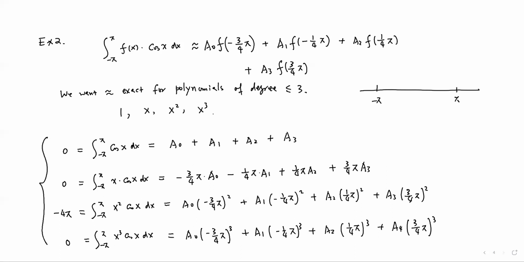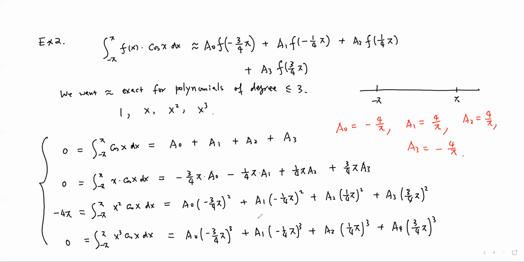A system of 4 linear equations. So solve this linear system. We have the coefficients. It turns out that A0 is -4/pi. A1 is 4 over pi. A2 is 4 over pi. A3 is negative 4 over pi.